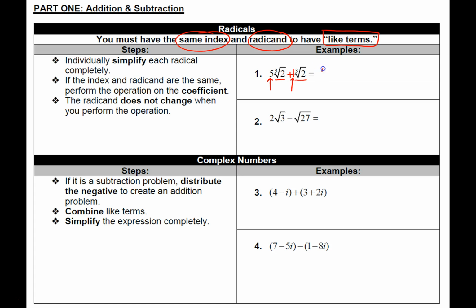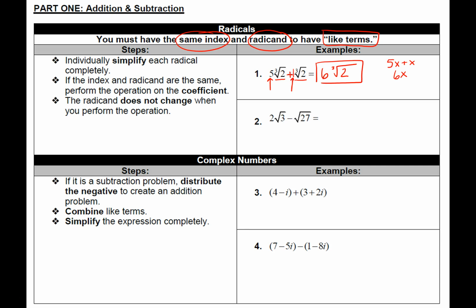So 5 plus 1 is 6, and then that radicand, the cube root of 2, stays the same. This is the same thing as if I did 5x plus x. I would say 5 plus 1 is 6, and that variable of x would be the same. The same thing is happening here. We just have an uglier thing in the place of that variable, that radical.